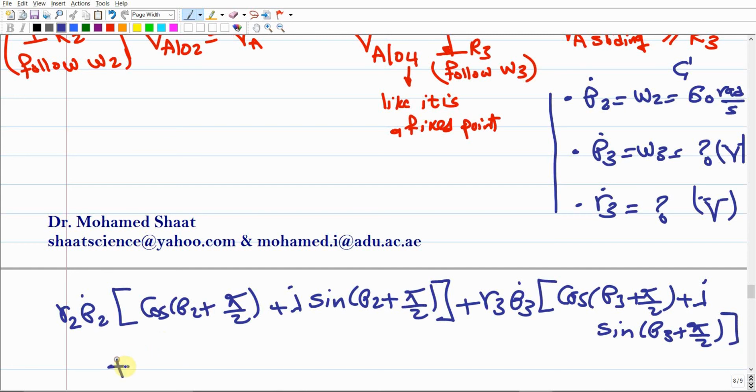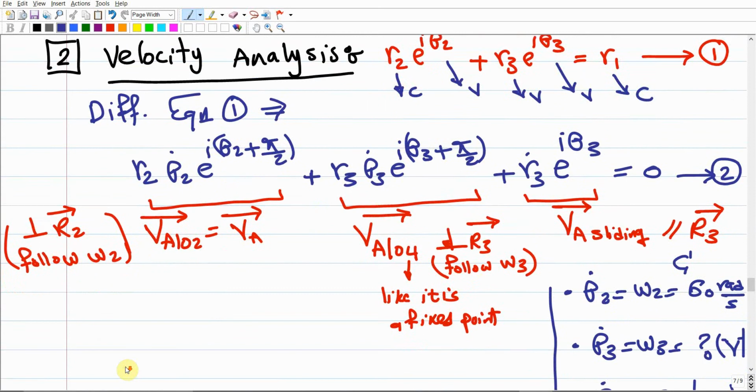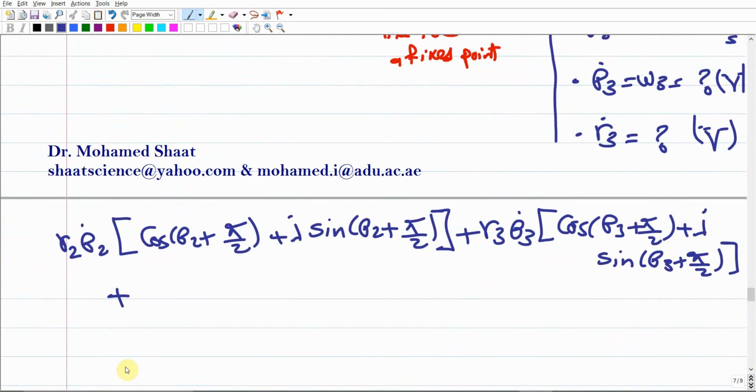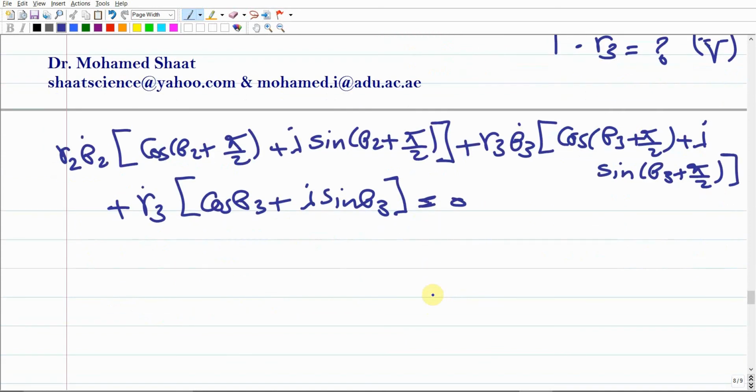Then the third term is R3 dot with theta 3 in the exponential, so we have R3 dot, then cosine of theta 3 directly plus I sine theta 3. This gives us the third term equals 0 because the right hand side of this equation is 0. Then we have to collect the real terms and the imaginary terms.